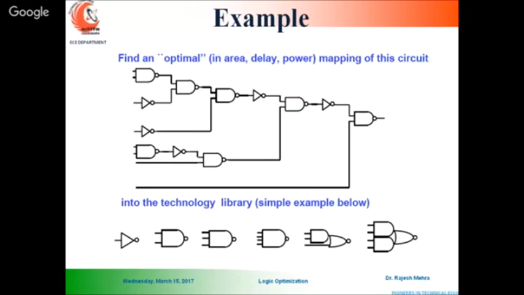Now we are taking one example here. You can see that. Let us say that is the circuit, or you can say the optimized network of gates that you achieved from logic technology independent optimization.